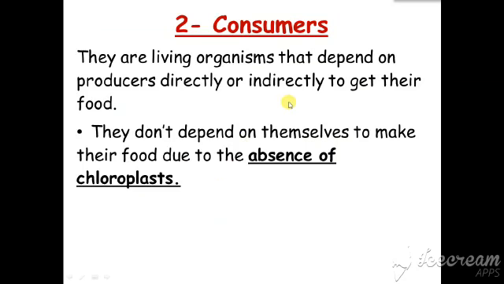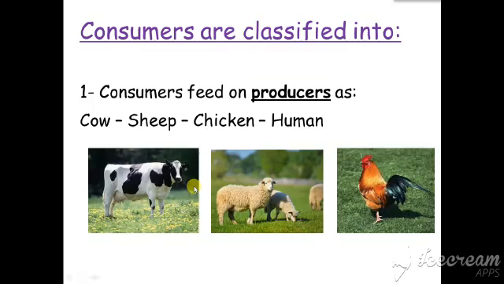Type number 2, consumers. They are the living organisms that depend on the producers directly or indirectly to get their food. They don't depend on themselves to make their food due to the absence of the chloroplasts, because they don't have the chloroplasts like the plants.